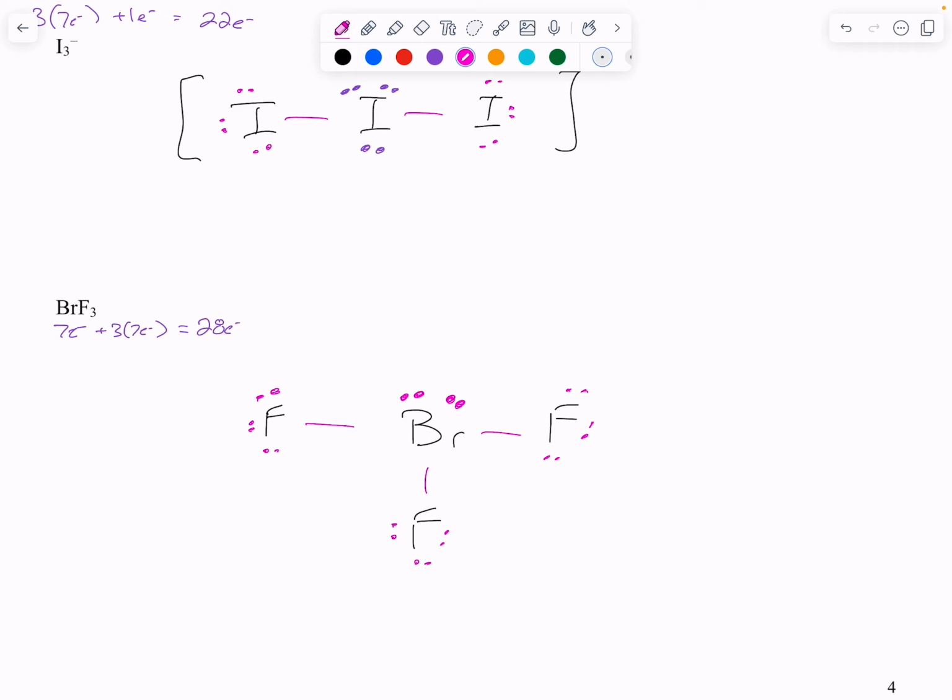And if you check the formal charges, I think we're good. Everybody has 7, brought in 7, but bromine has 10 electrons. So it violates the octet rule, but because it's in the third period and below, it works.